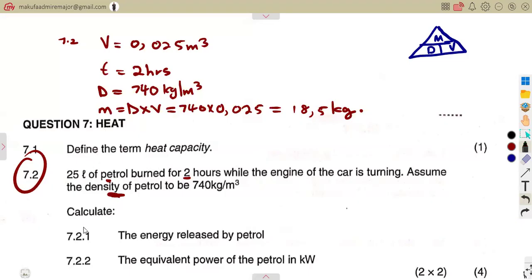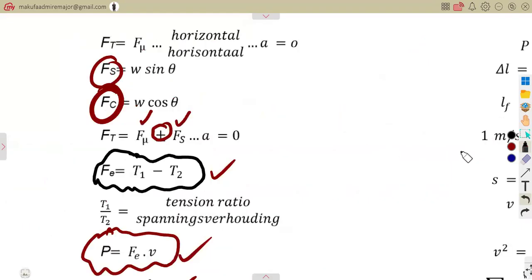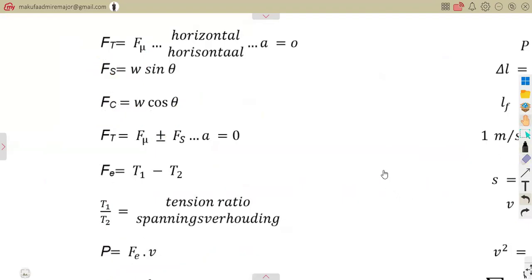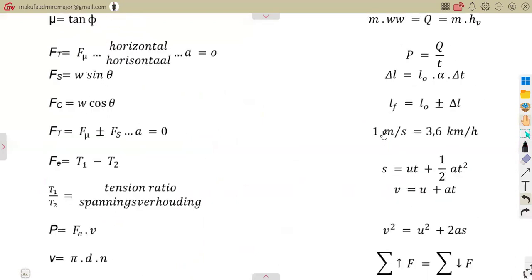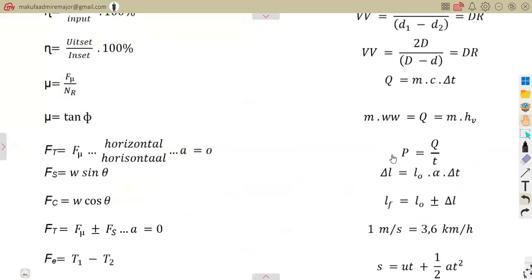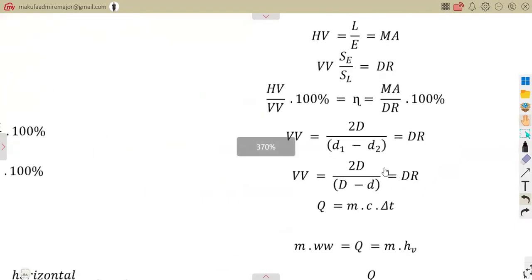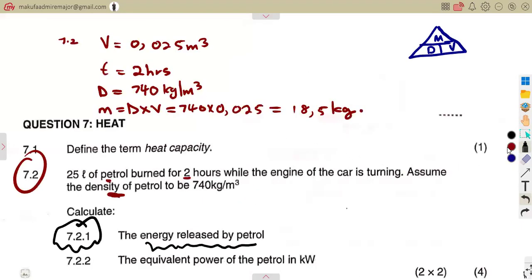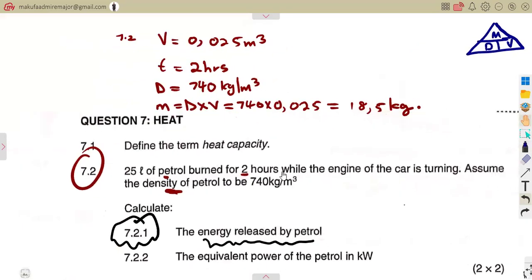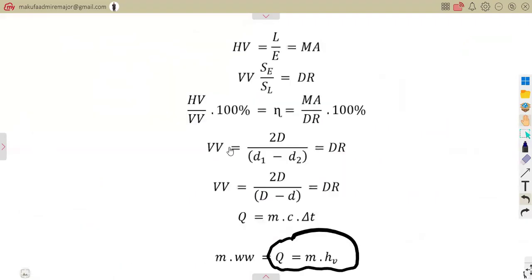Okay, so let's see our question. From this information, calculate 7.21, the energy released by petrol. So we need the energy released by the petrol. As we understand, we can calculate our energy from the product of the mass and the heat value. Remember, it is given petrol. So let's go back here.